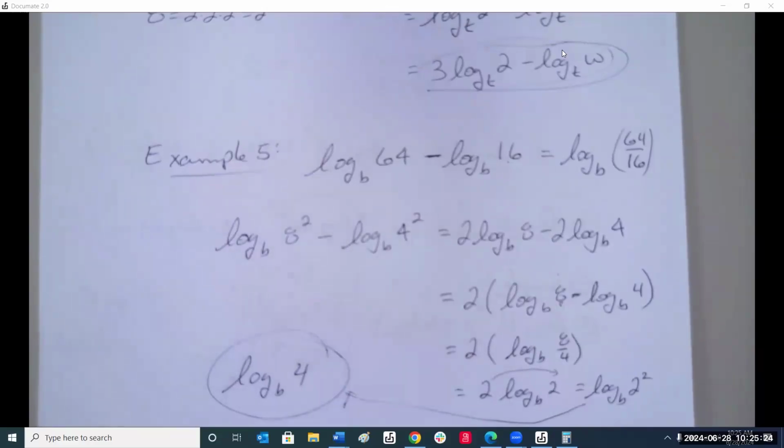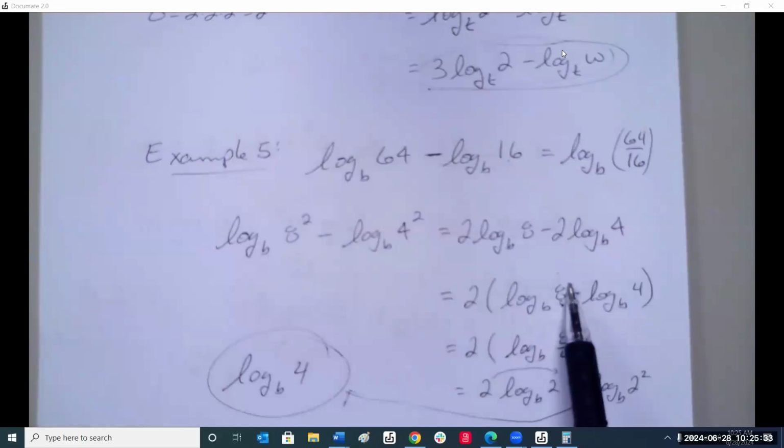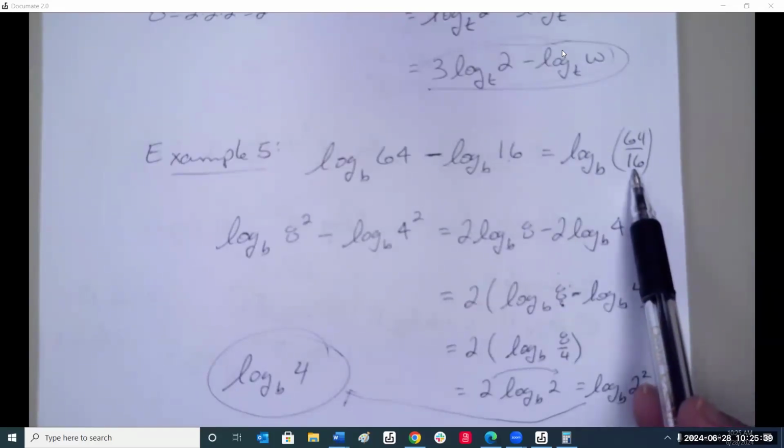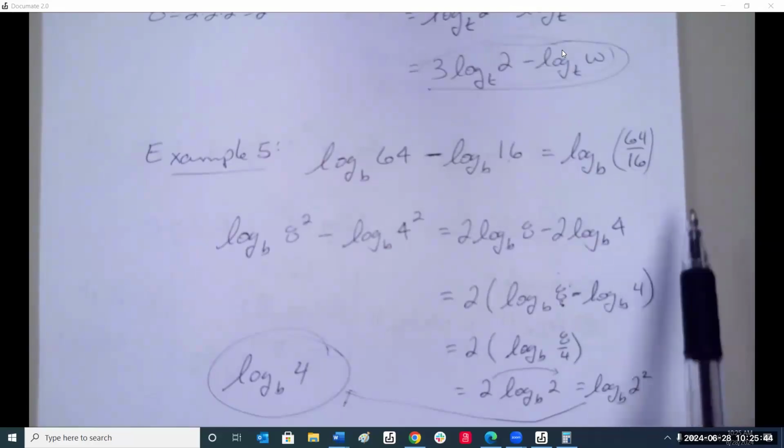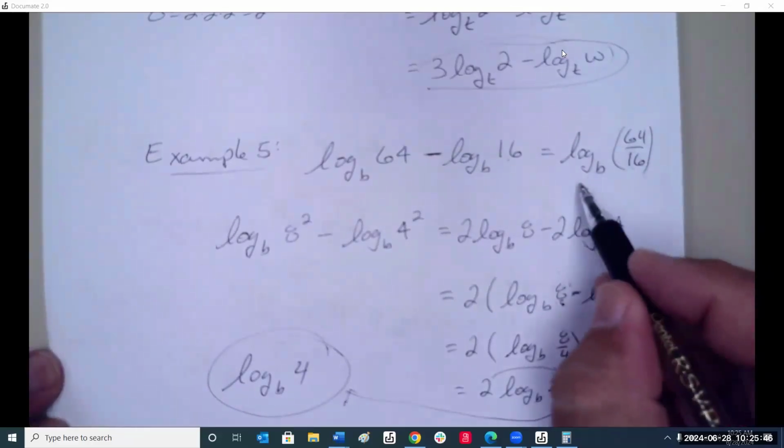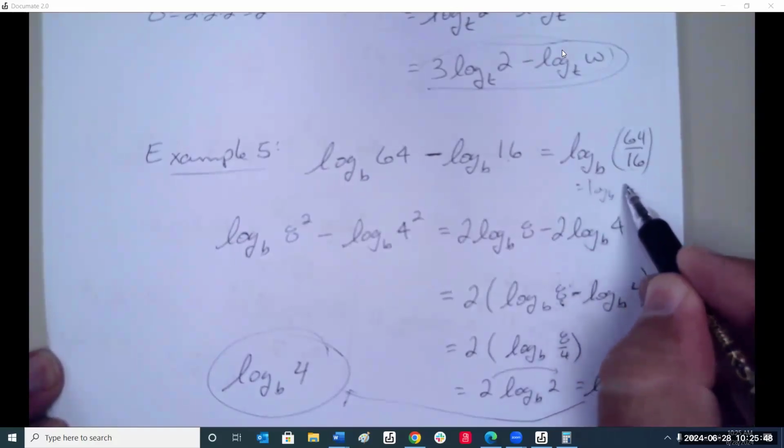So as long as you use the rules, there is no wrong way to do it. But you're right. You could have gone this way here and done it again. 2 to the power 3, 2 to the power 2. Yes, you could have done that. You could have just stopped here and said that this is log base b of 4.